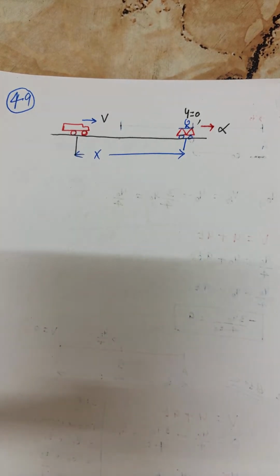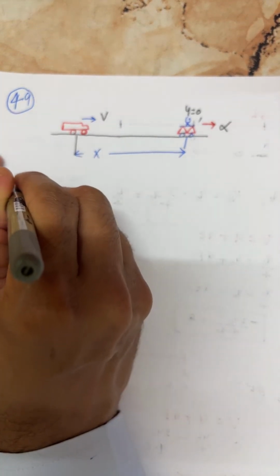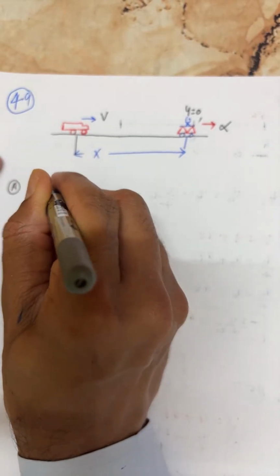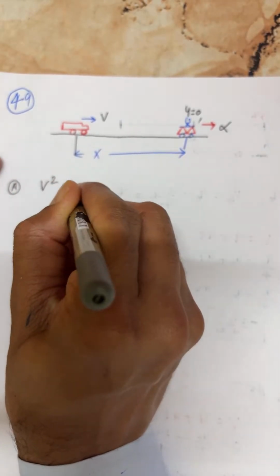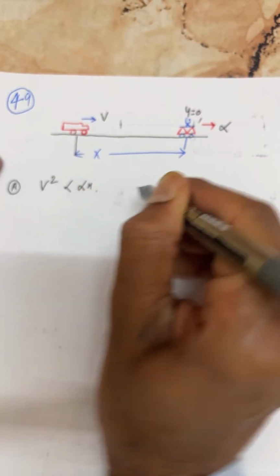Okay. Now, beta, what do we wish to find here? Which of the following relations is true if the police is able to catch the thief? Okay. The options are very easy. Option first says v square less than alpha x.